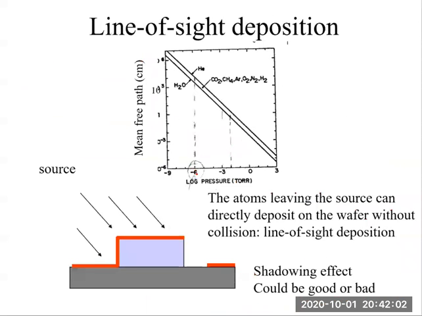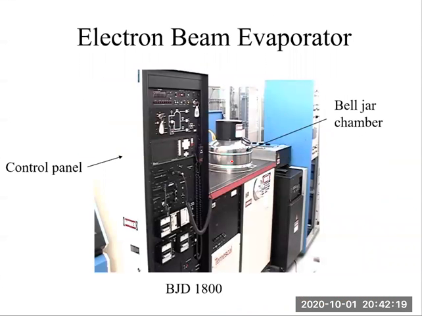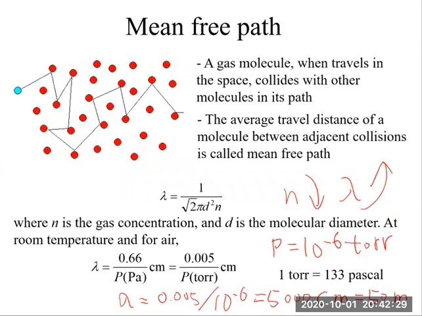So when the pressure is 10 to the power of -6 torr, the mean-free path is about 5,000 centimeters, which is 50 meters. How large is the deposition chamber? I would say probably less than half a meter. So a mean-free path of 50 meters means what?